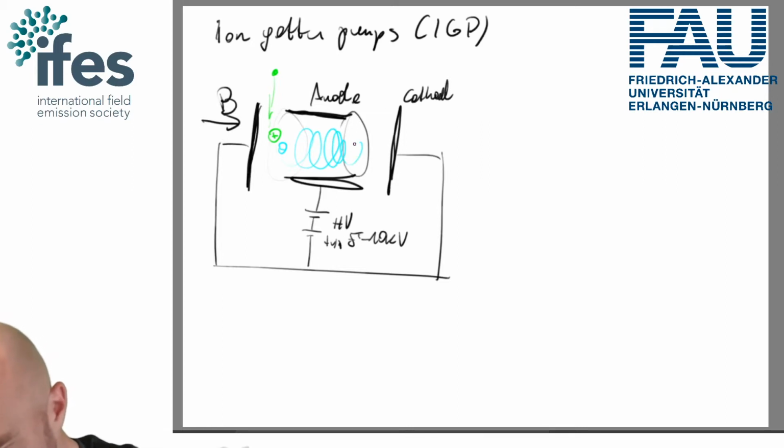And that's what we have the magnetic field for, so that we have a relatively high probability that the electron will then hit another molecule and ionize that other molecule. While the ion then hits the negatively charged plate, and there causes sputtering.